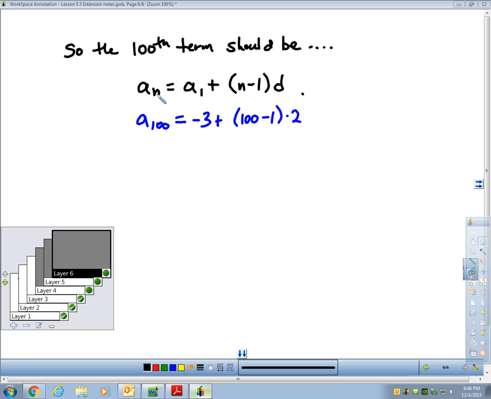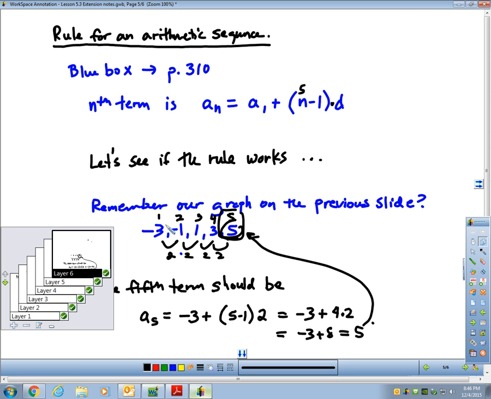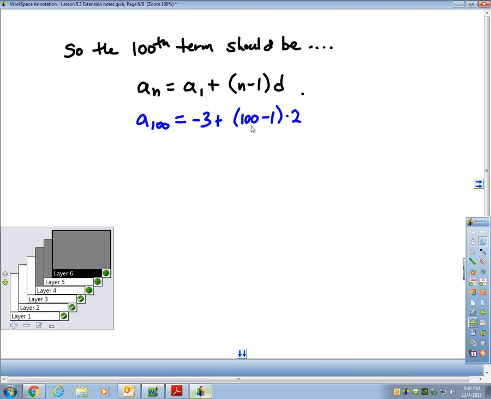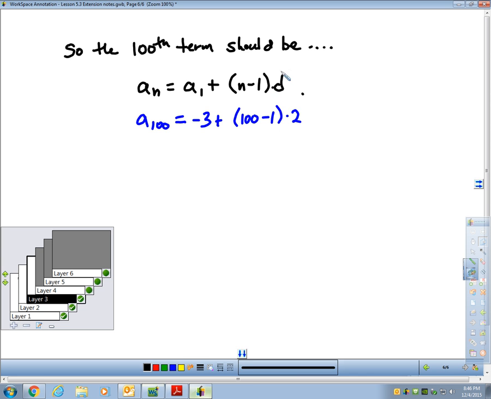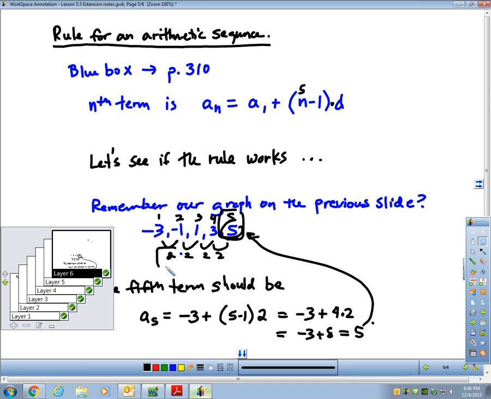So, the 100th term of the sequence should equal the first term of the sequence, which remember, the first term was right here, it was negative 3, plus the 100th term minus 1 times the common difference, and didn't we see that the common difference, it's right here, I'm circling it, it was 2.